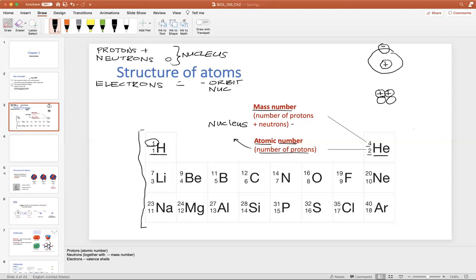And I'm just going to leave those empty because there's no electrical charge there, right? And again, we have 2 positive charges in the nucleus, and so we're going to want to balance that with 2 negative charges circling the nucleus. Okay, so I'm going to draw those like this.